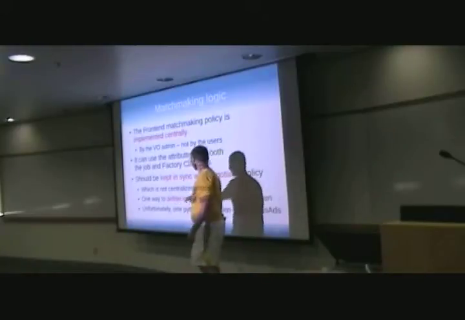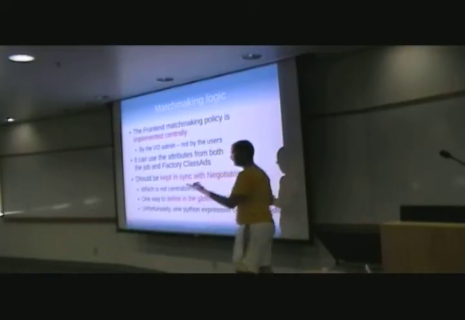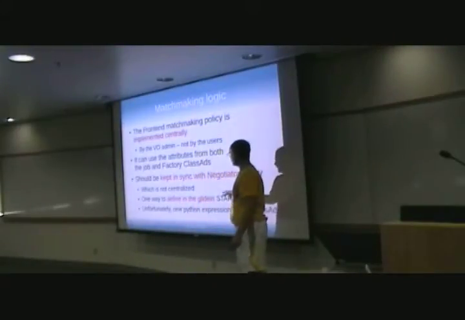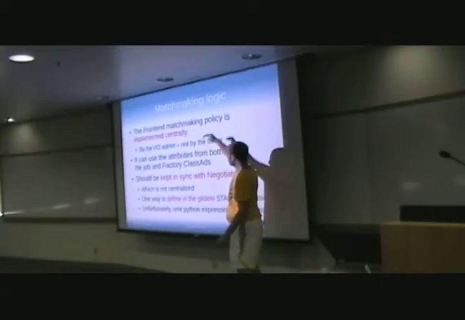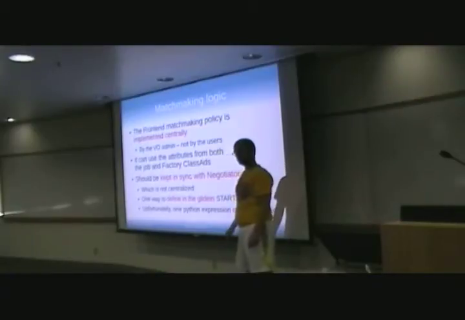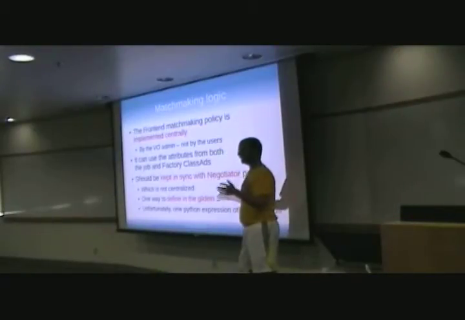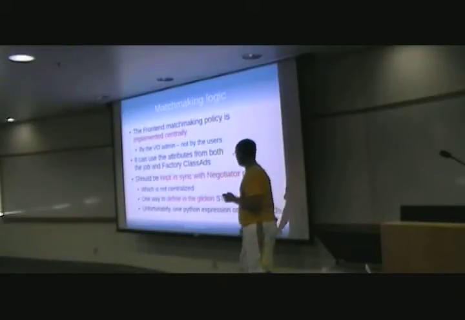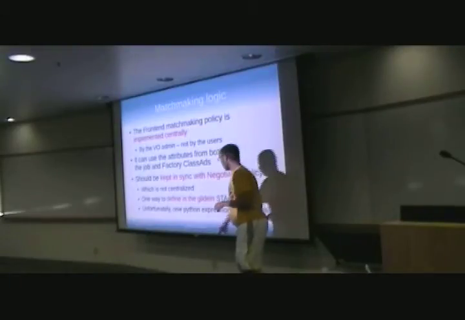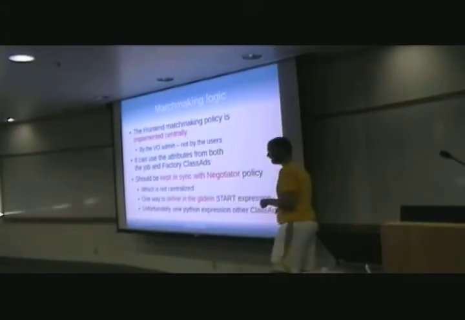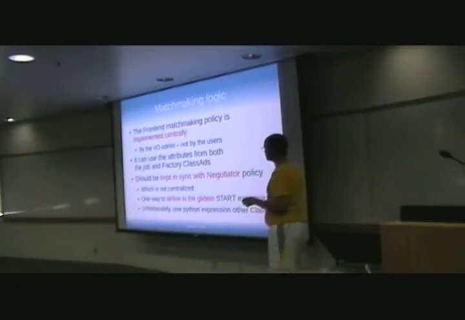One way is to define it in the glidein start expression, which we talked about. If you define it in the start expression, something that is equivalent to the centrally implemented front-end configuration, it's still centralized because you will define the start expression centrally in the front-end configuration. However, one is a Python expression, the other is a class ad expression. So you will need to do the translation yourself and do it right.